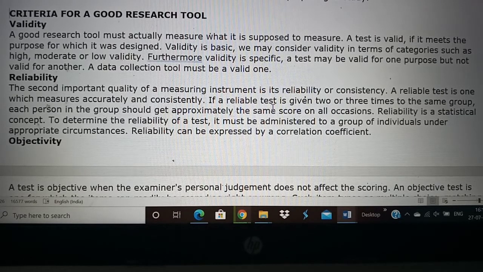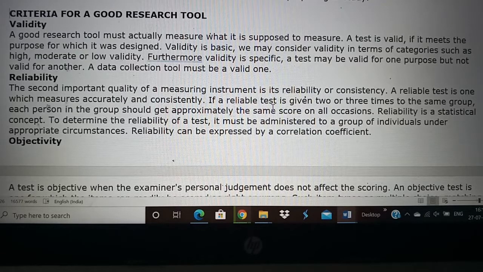For example, if you are studying whether smoking causes cancer, and in the first study your results say smoking causes cancer, then when you do a similar study after 5 years, if it says smoking is not the cause of cancer but pollution is the cause of cancer, then your study is not reliable because it is not consistent.